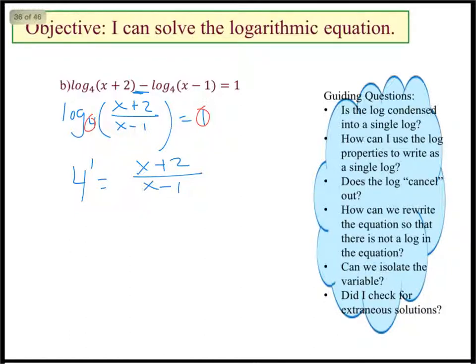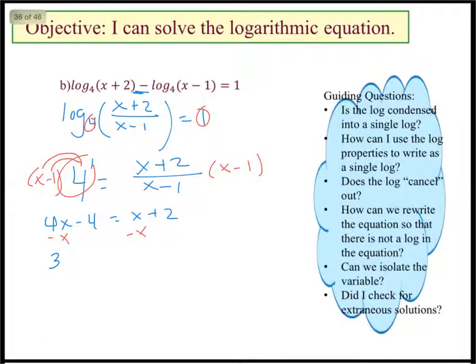This would really just be 4, so I don't need to do anything with that, but I do want to multiply both sides by x minus 1 so that I can get my variable out of the denominator, and I would have to distribute that 4 to everything on the left hand side, so I would get 4x minus 4 equals x plus 2, and then I would want to get all my variables on one side.